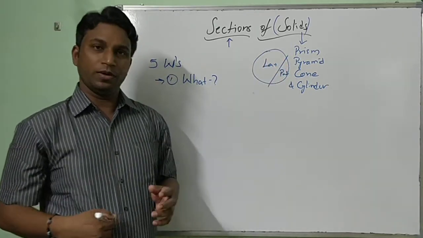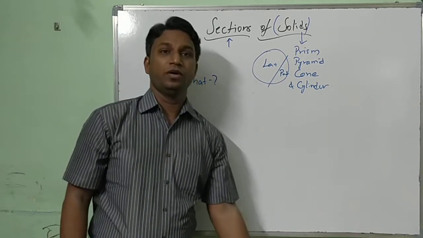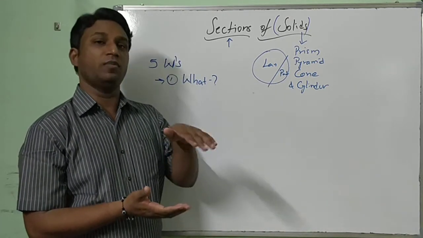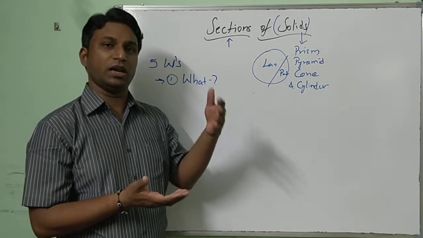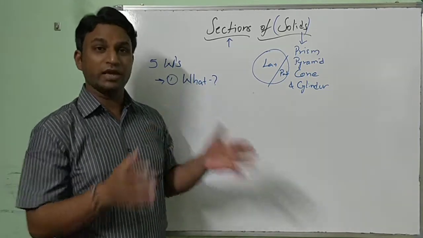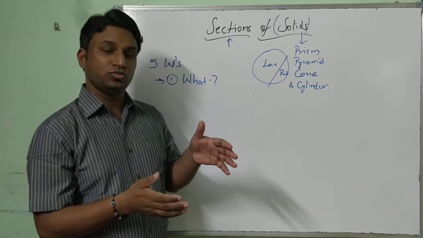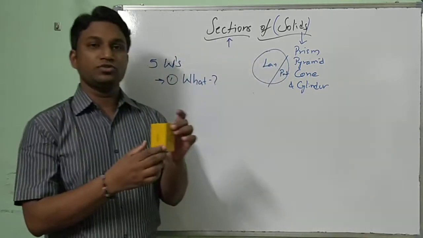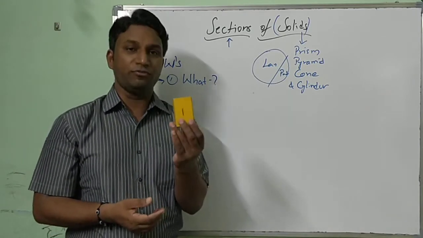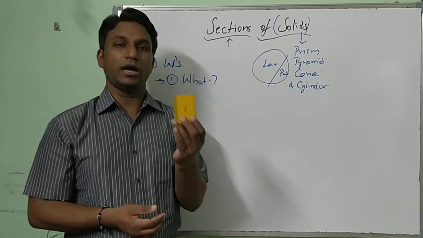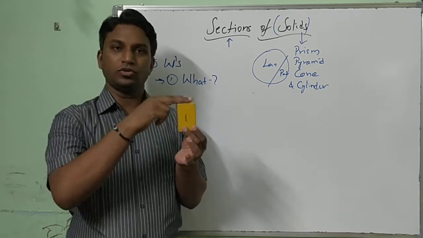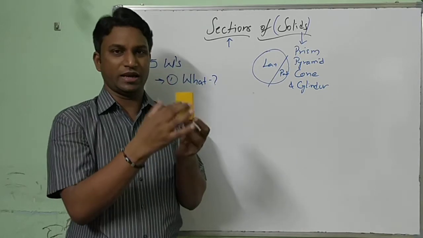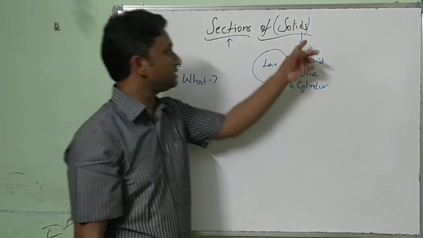Prism is a kind of polyhedra having 2 equal bases in the form of any shape like square, pentagon, hexagon, etc. And from each side of the base, rectangular faces are raised. Now I am showing you a square prism. Bottom square, top square, and from each side of the 2 bases, rectangular faces are raised. That is the first object.